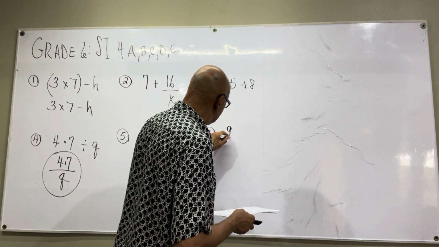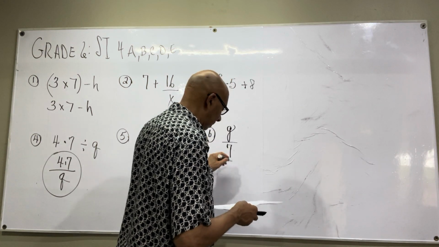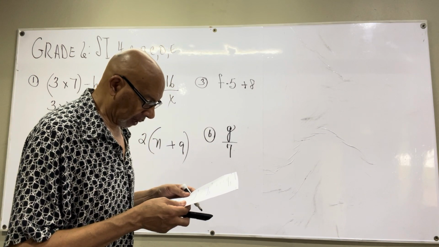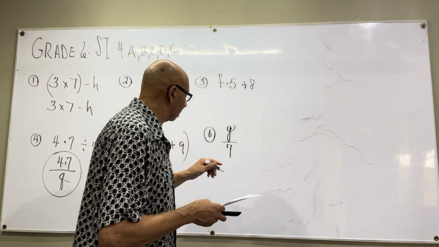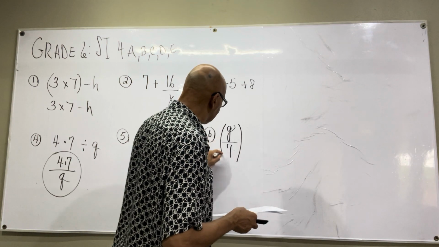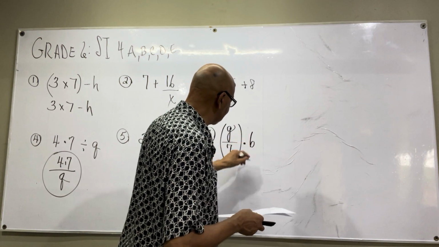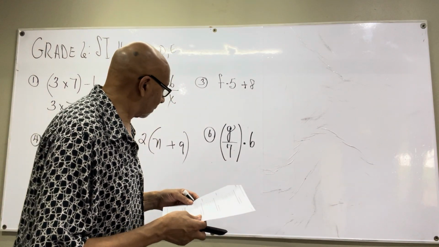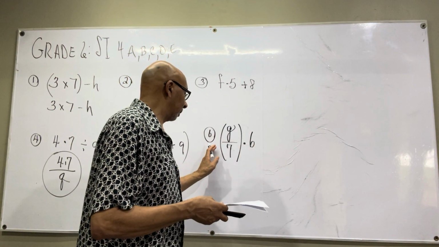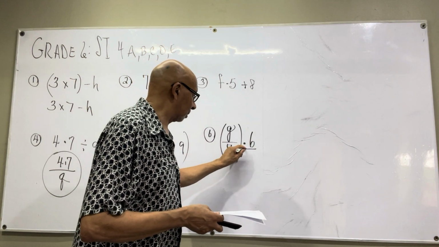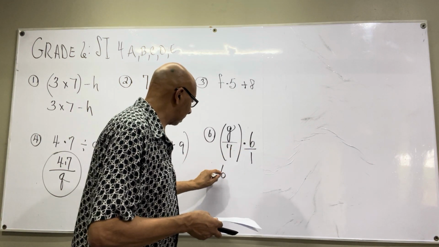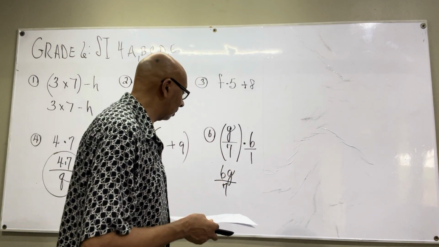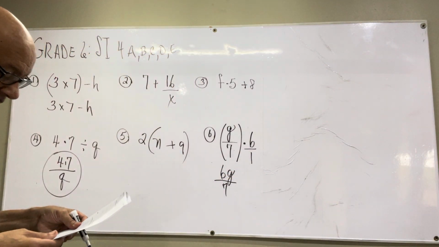Divide G by 7. Then multiply by 6. You could have a parenthesis here and multiply by 6. So we could put the 6 in the front. 6, it could be over 1, and we could have 6G over 7. We could do it like that. All of those would be the same thing.